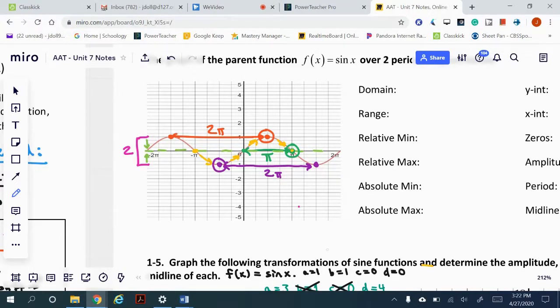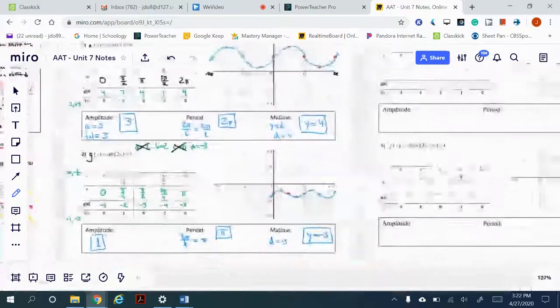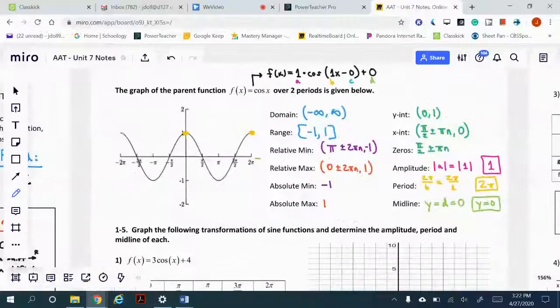So we went from x-intercept down to a minimum, up to a maximum, back to an x-intercept. With a cosine function, the parent function begins and ends with a maximum. So we start at a maximum, we go down, we cross the x-axis, we continue to go down, we hit a minimum, we turn back up, cross the x-axis again, hit a maximum, and then we end the period.